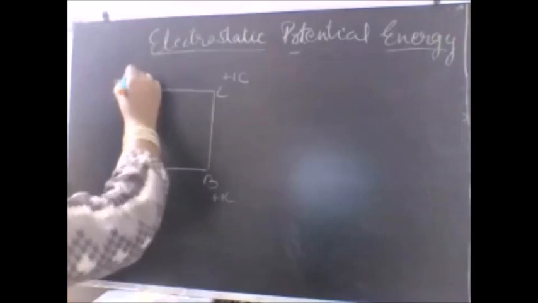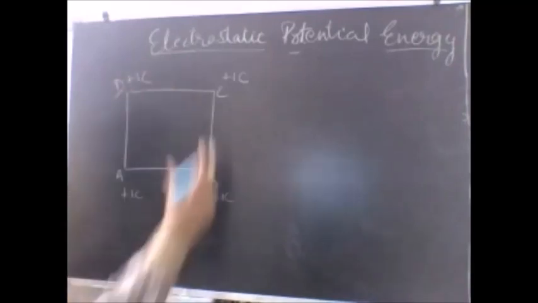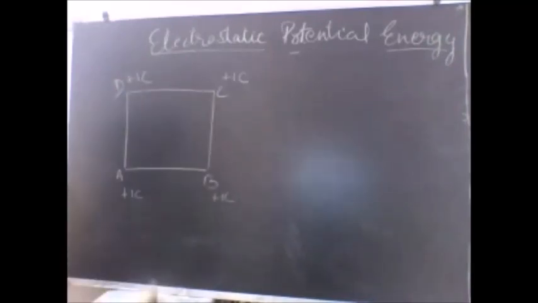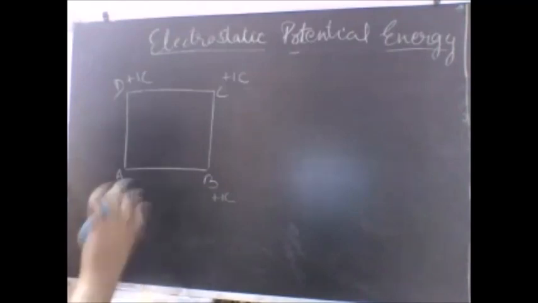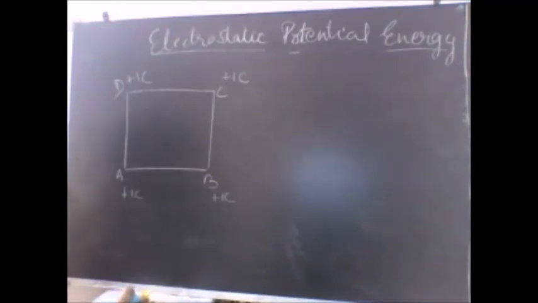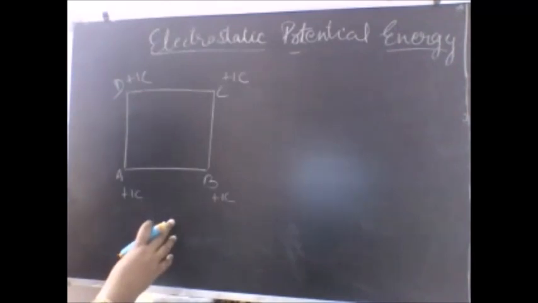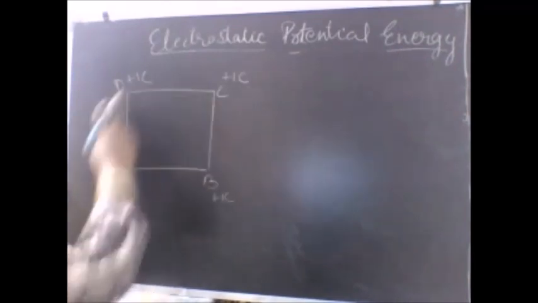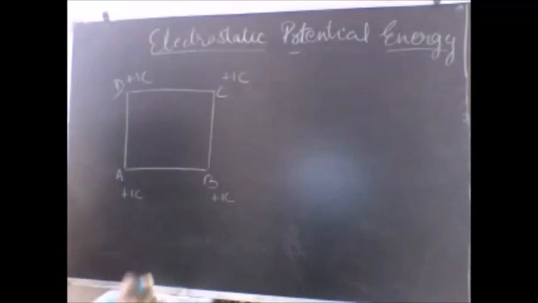So when we are putting the charge of +1 coulomb at each point, then there is some potential energy stored in the system. How much is the energy stored in the system to have such an assembly of the charges, wherein the charges are kept at the four corners of the square?